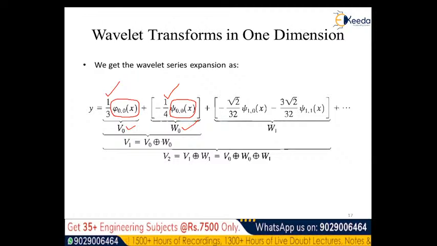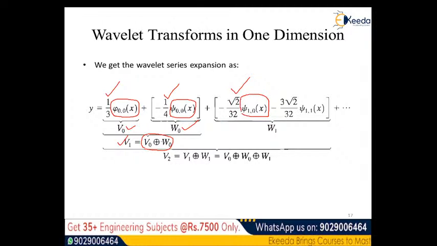The combination of the two, that is v0 with that of the w0, is nothing but the functional space denoted v1 here. So this combined functional space v1 is further added by the square bracket where we have minus of under root 2 by 32, another wavelet coefficient, multiplied by the wavelet function.